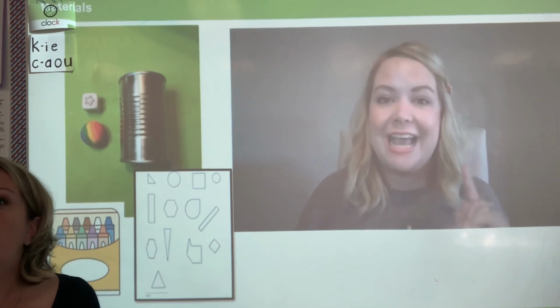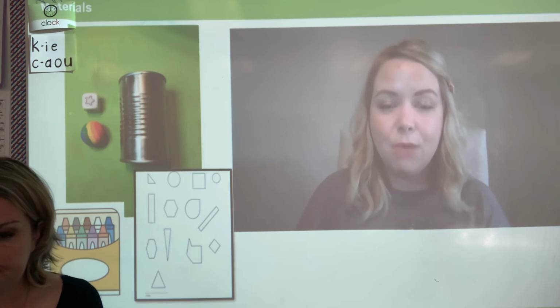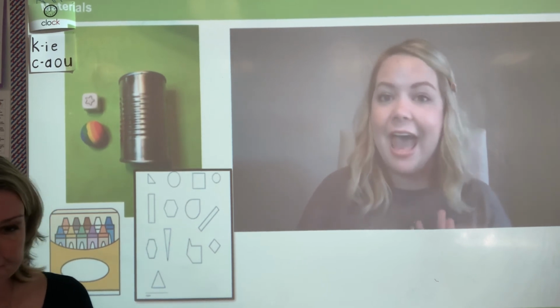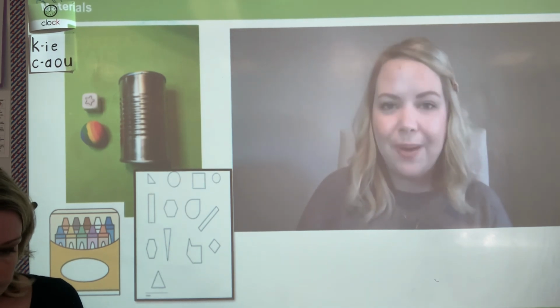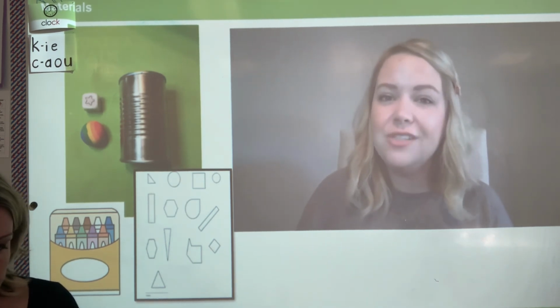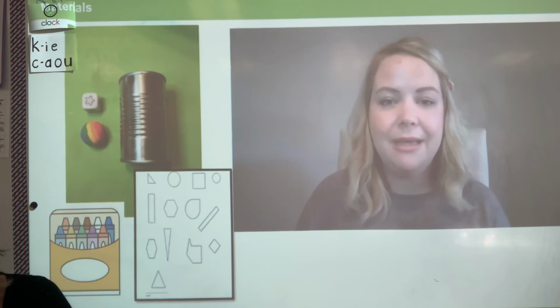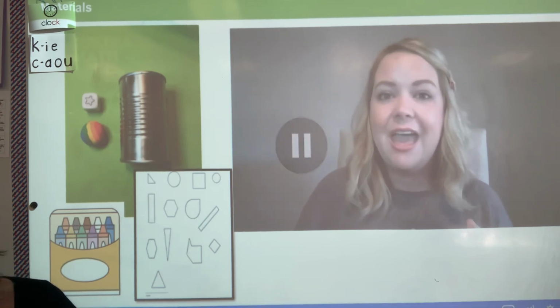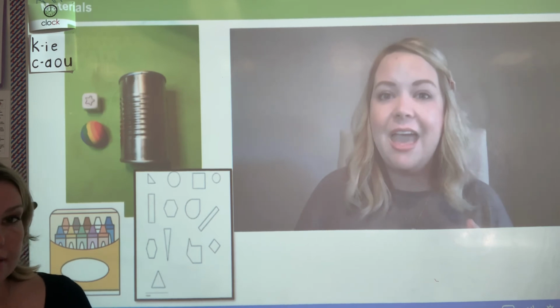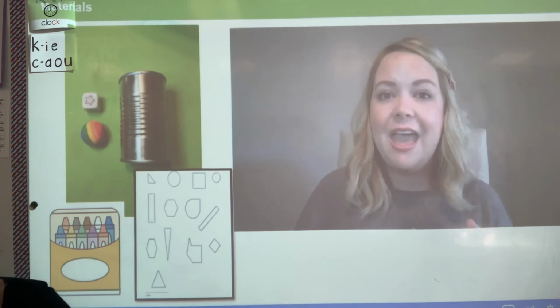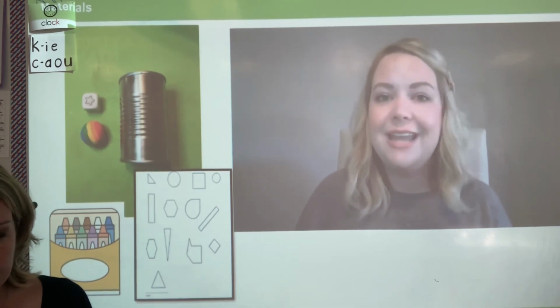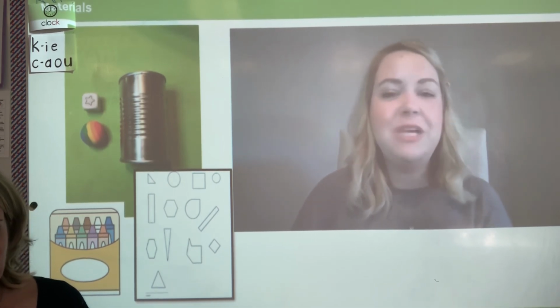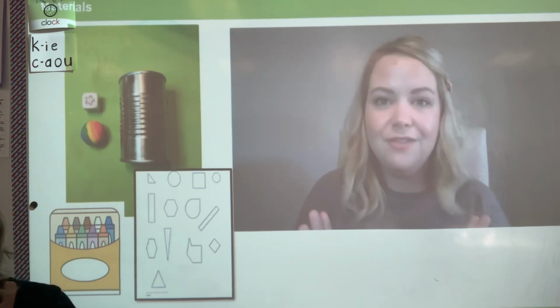You are going to need a can, a small ball, a dice or something similar to a dice, crowns, and then you're also going to need some flat shapes that have been cut out. You do not need to do the flat shape part. That's okay. If you don't have any cut out already, you can use today's problem set. Just be sure that you don't cut them out of today's.